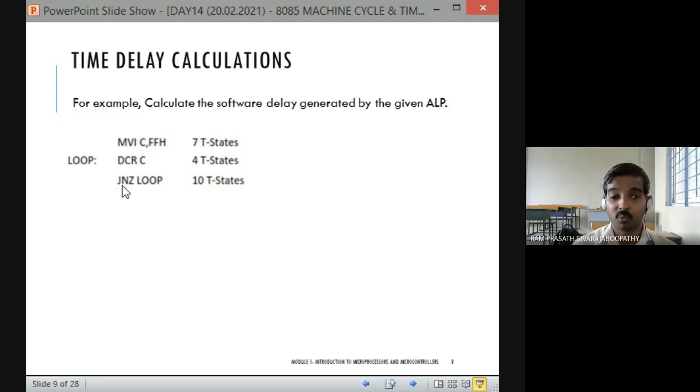Please note down one thing. Here we have used a conditional branch instruction or an unconditional branch instruction. JNZ, is it a conditional or unconditional jump instruction? Kindly think and tell.